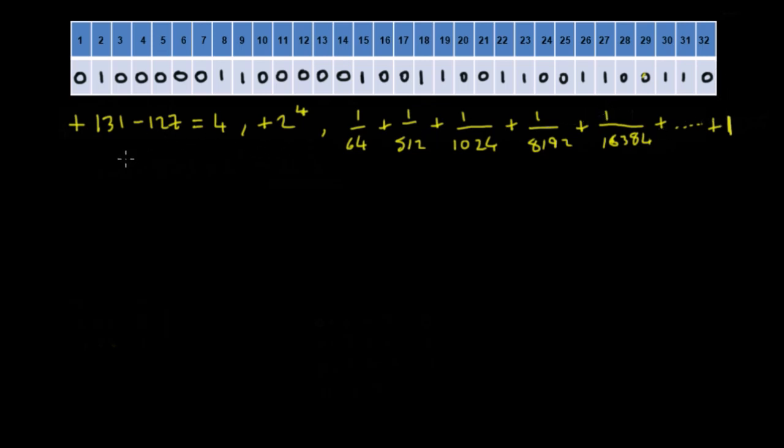So what we're going to have here is the number 1.01875, and the exponent is going to be 2 to the power of 4. So whenever you work this out, you're going to get a value of 16.3.